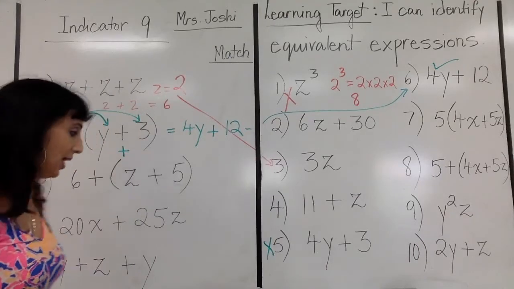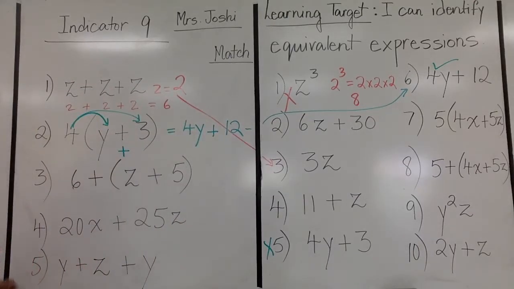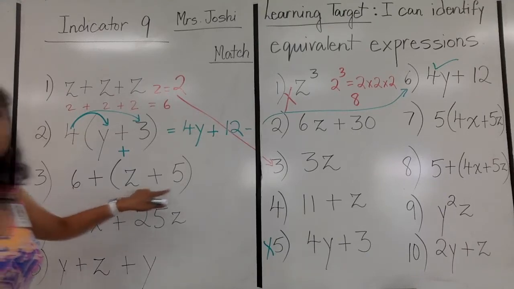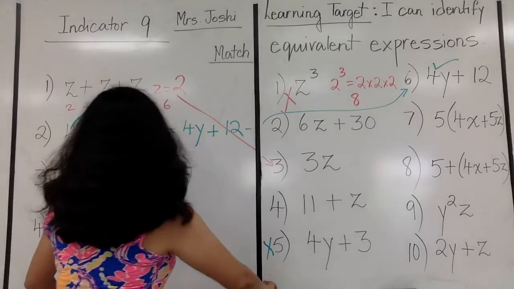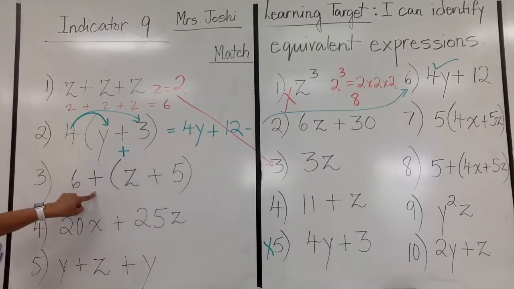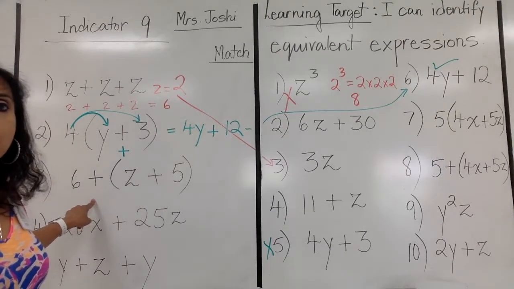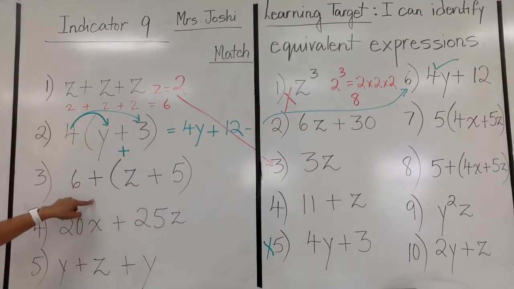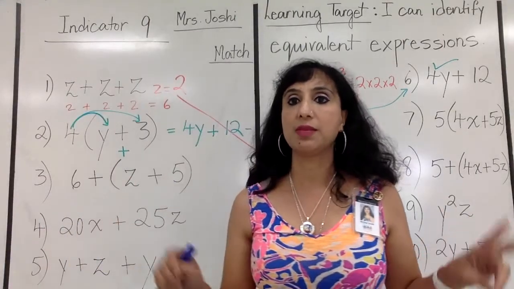Next thing, let's quickly look at 6 plus z plus 5. If I look at that one, it is all addition, there is no multiplication going on anymore. Since no multiplication is going on, I am going to add the like terms.